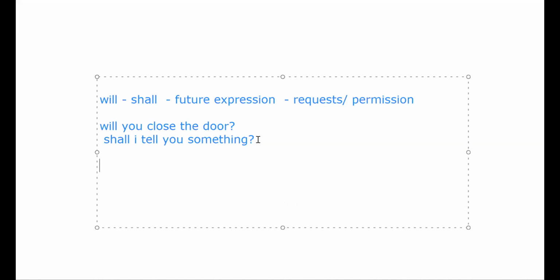Okay, next, can. Guys, can is basically ability. It gives an idea of ability, something like this. And it can also be used for permission or request.